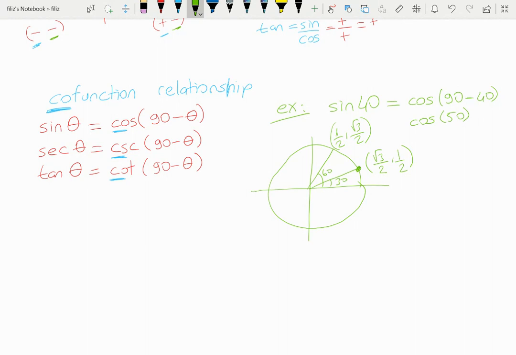Like the cosine of 30 degrees was equal to the sine of 60 degrees, and the sine of 30 degrees was equal to the cosine of 60 degrees. Like that.